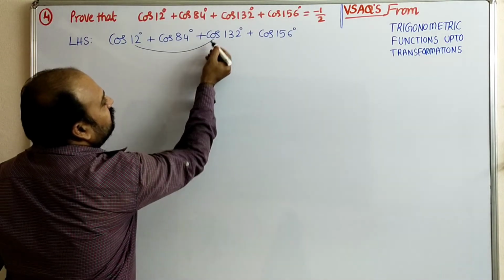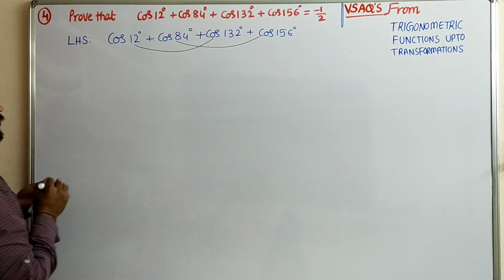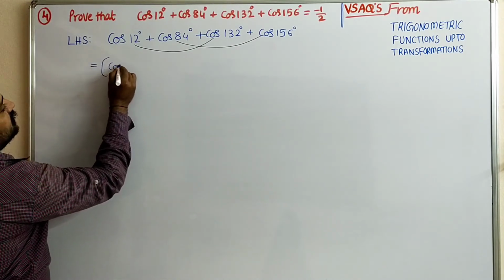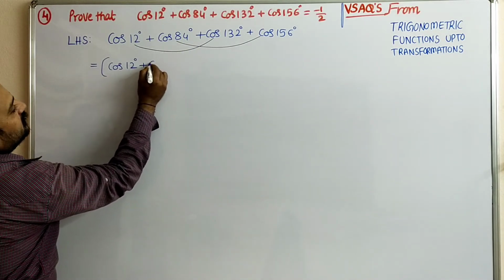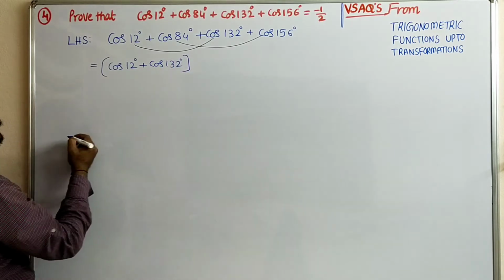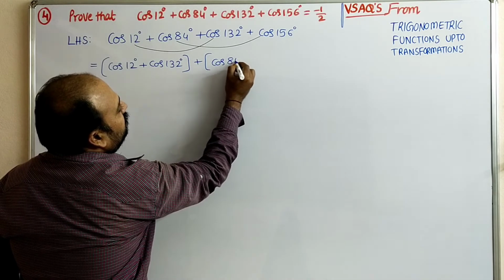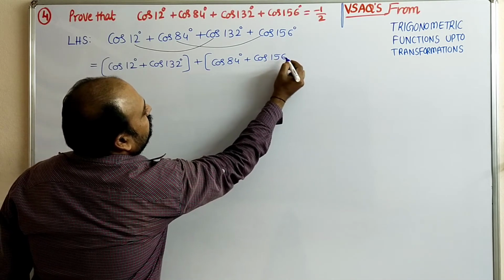First and third term, second and fourth term. So which is equal to cos 12 plus cos 132 plus cos 84 plus cos 156.